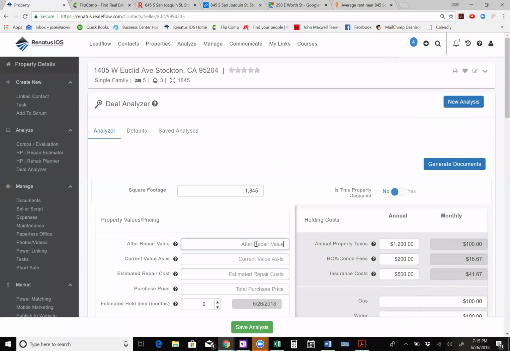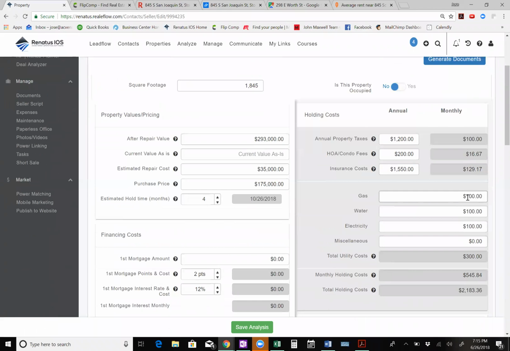Now, it says right here your ARV is 293,000. We're going to estimate it needs 35,000 in costs, and we're going to say we want to purchase it for 175 until we figure out how long. I usually do 4 months for holding, just to be careful. And these are typically $50 each a month.